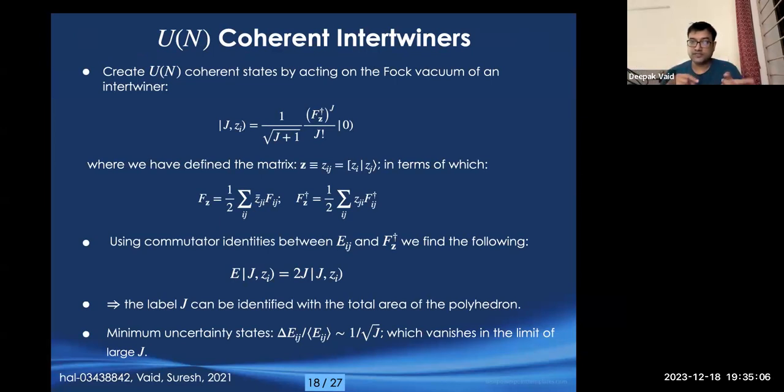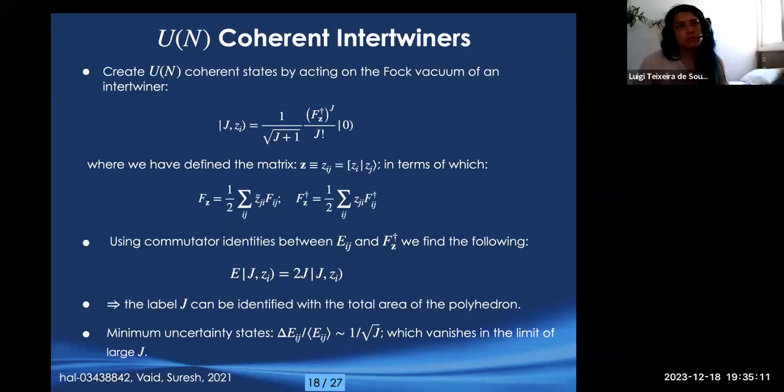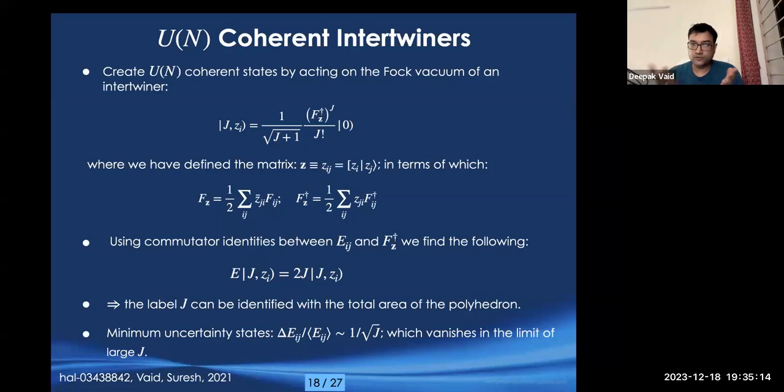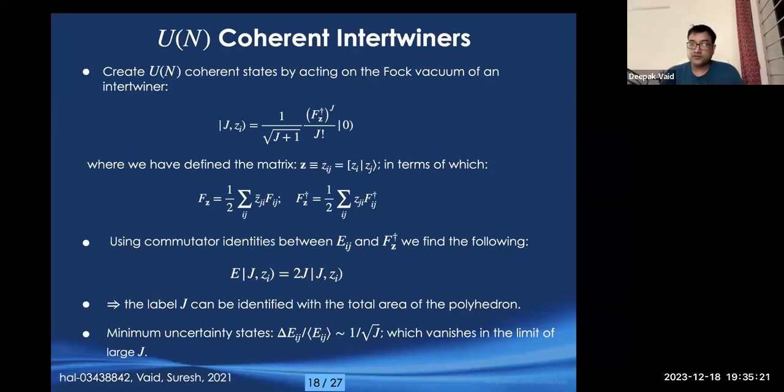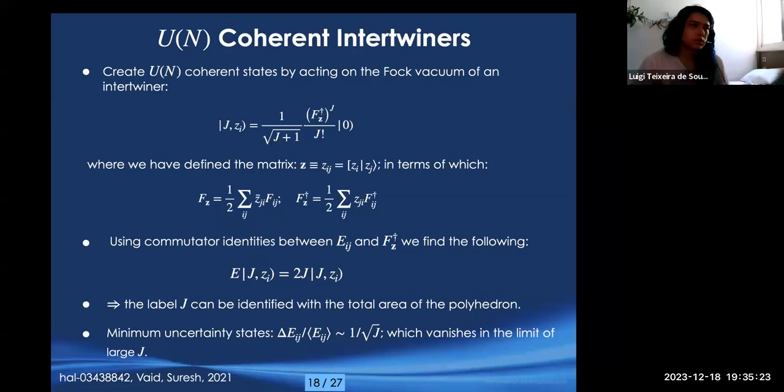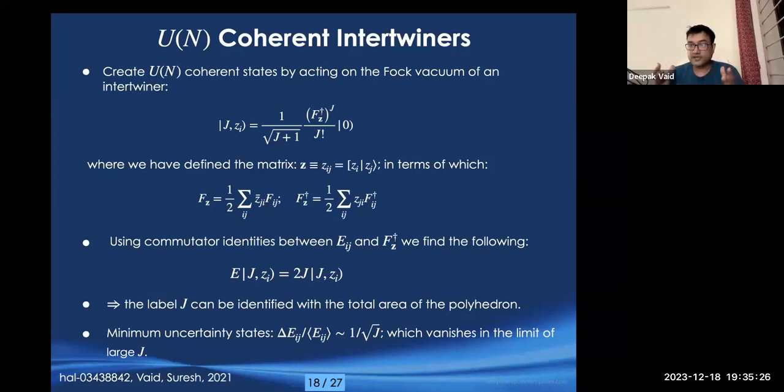If you take the smallest representations of each edge, the smallest angular momentum, you would get a total area of 2. So you have 1 over square root 2. Yeah, that's pretty large, but that's to be expected because you're talking about the smallest possible quantum of geometry. But as you go up to higher values of J, it decreases.